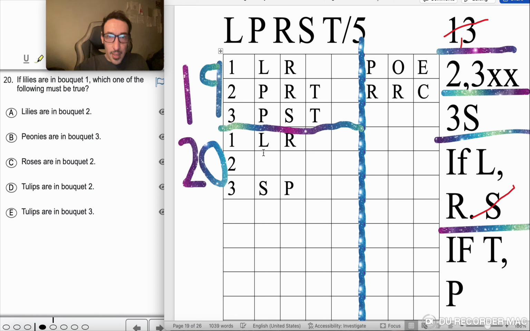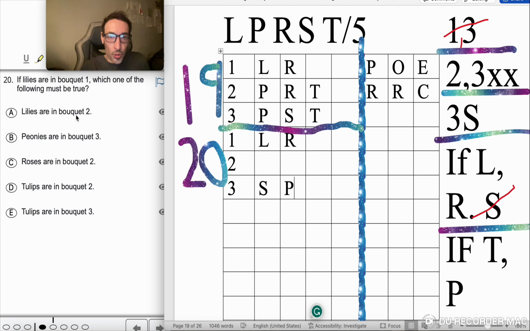So right now we see that L is in the first position and R is also in the first one as well, because if you see L, then you see R. With that in mind, 3 puts S in the third position. And 1 and 3 cannot have anything in common. So this is already set up enough that we can answer the question.